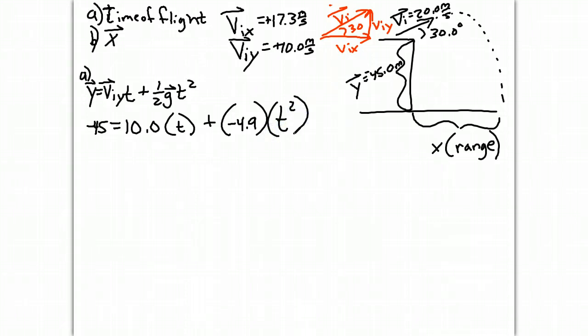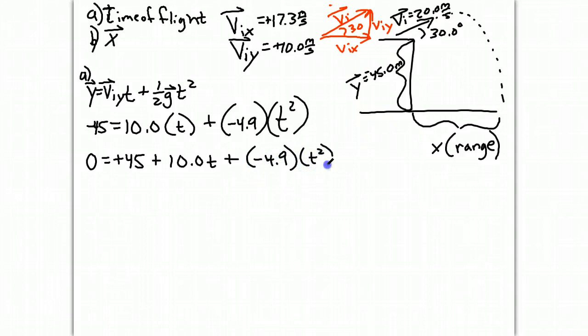I'm going to take 45 to the other side, so I would get 0 equals positive 45 plus 10t plus negative 4.9 t squared. This is perfect for the quadratic.